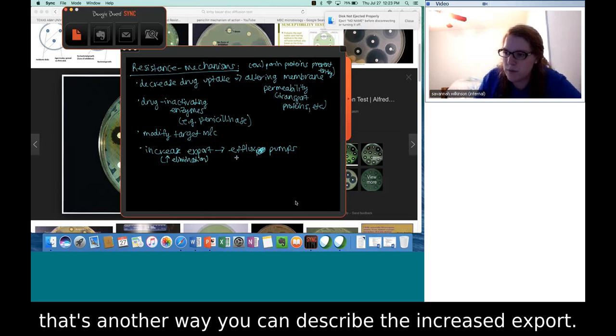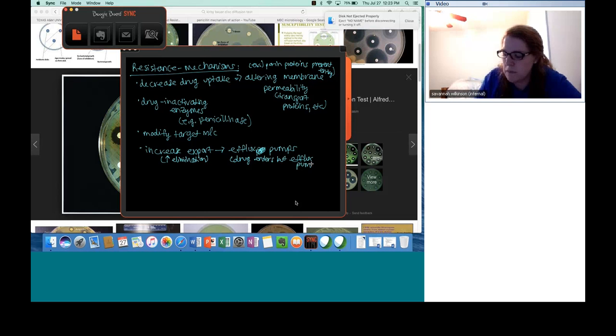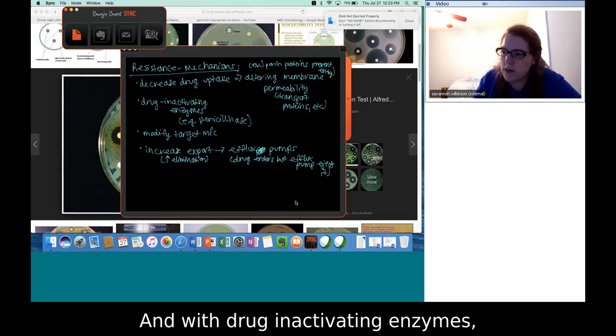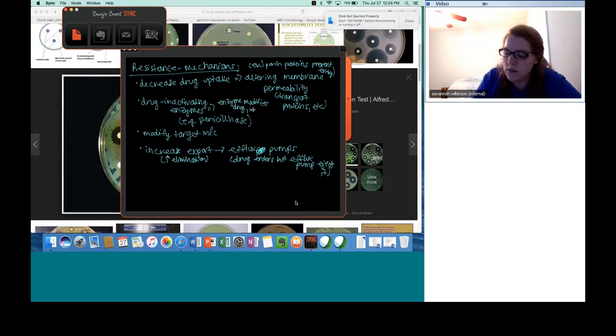Basically, the drug enters but the efflux pump ejects it. And with drug inactivating enzymes, the enzyme modifies the drug, which inactivates or deactivates it.